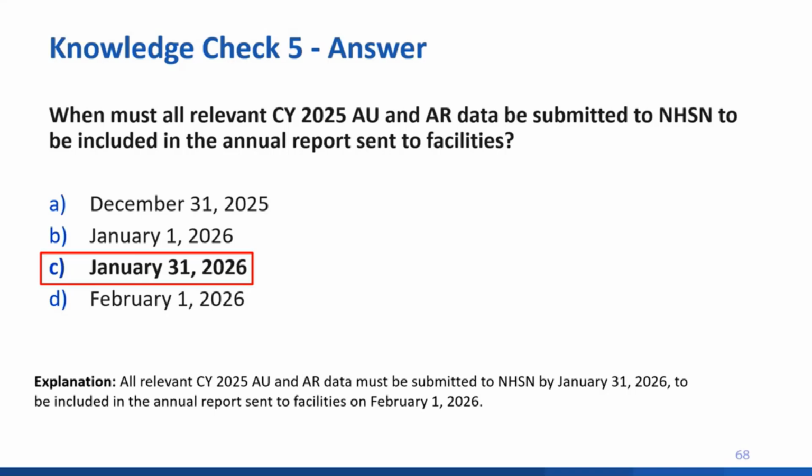The correct answer is C, January 31st, 2026. Remember, all relevant calendar year 2025 AU and AR data must be submitted to NHSN by January 31st, 2026 to be included in the annual report sent to facilities on February 1st, 2026.